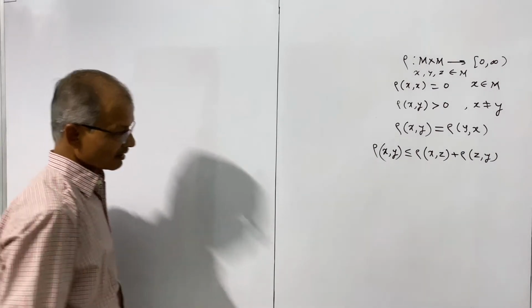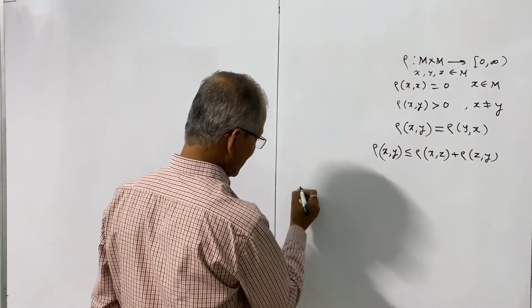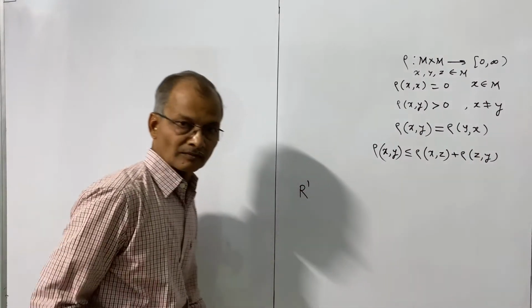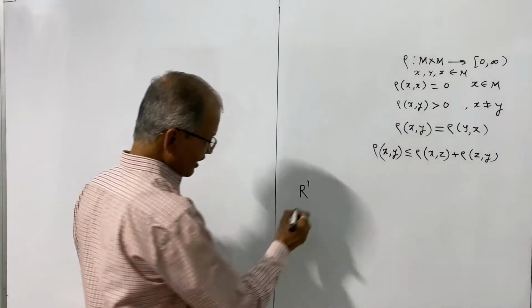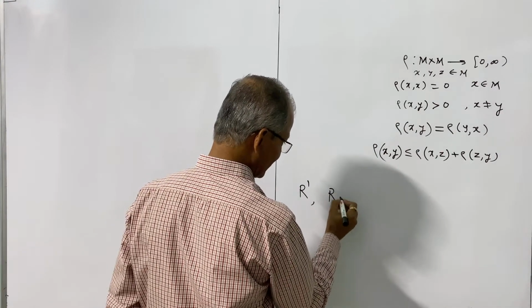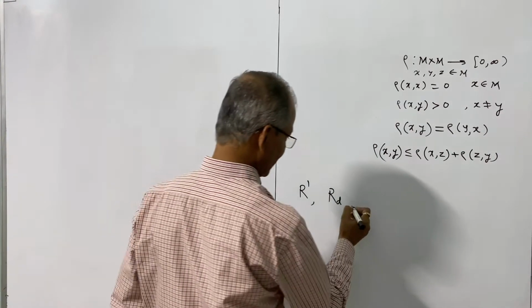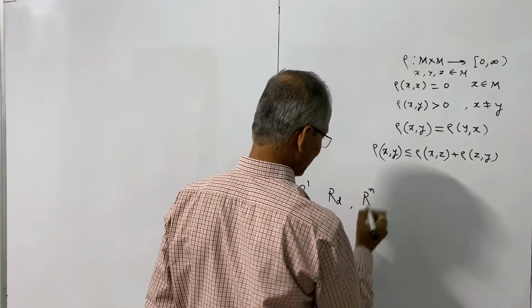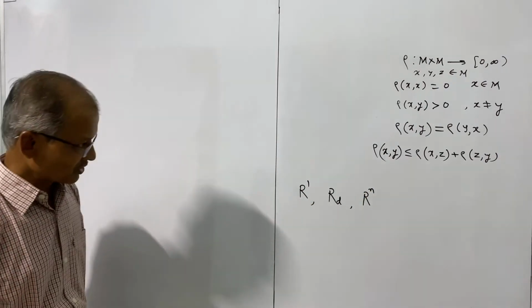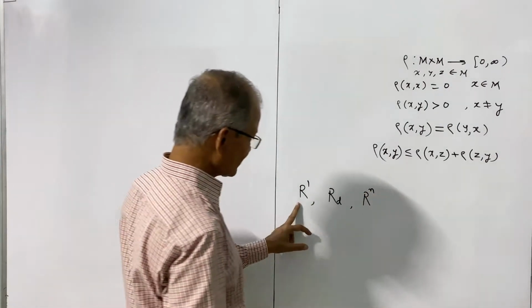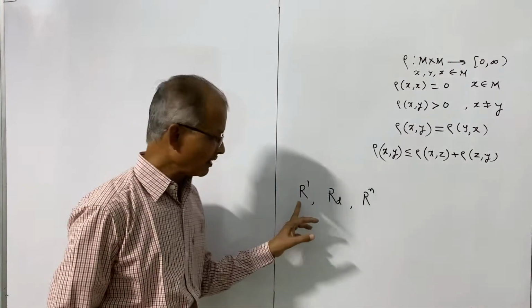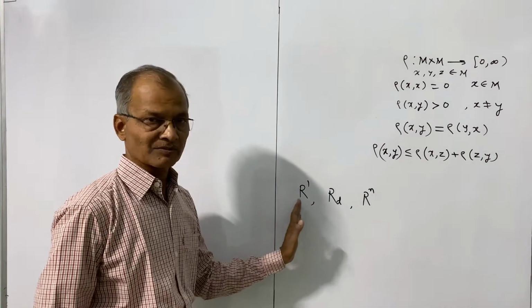We have seen some examples: in R1 the absolute value metric, then R_D the discrete metric, and then R^n, Euclidean n-space. Here the metric defined is the absolute value metric, that is, the absolute value of x minus y.